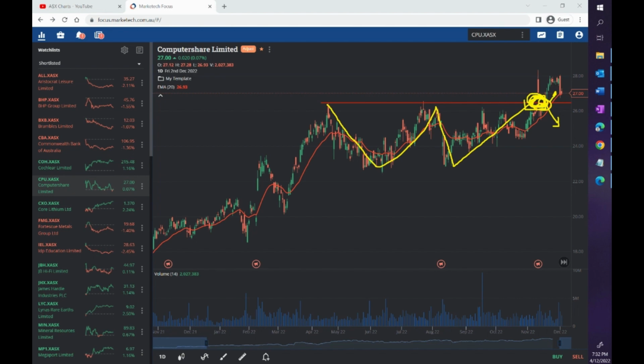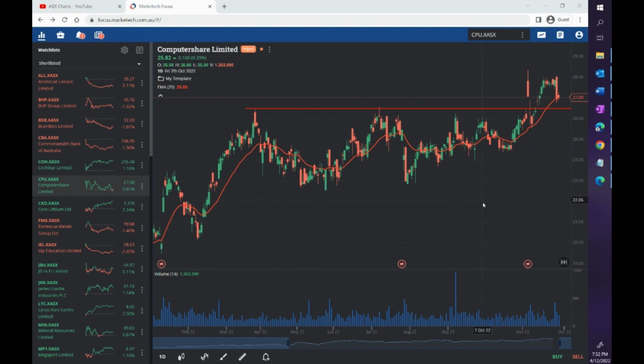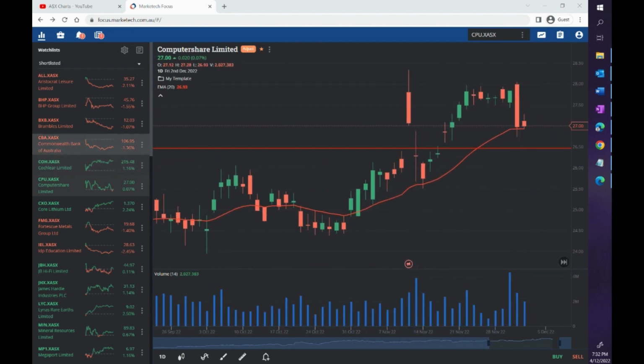In this particular stock, after it hit this resistance here, it moved up. If I go in and see it closely, once it closed above this line, it has not hit the resistance back.